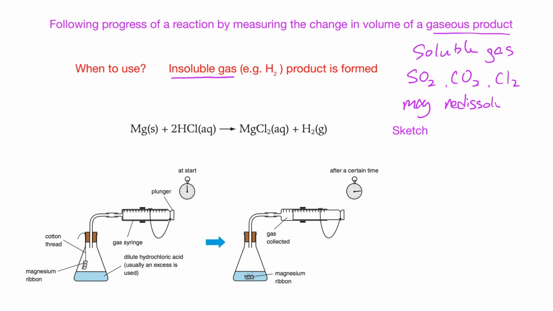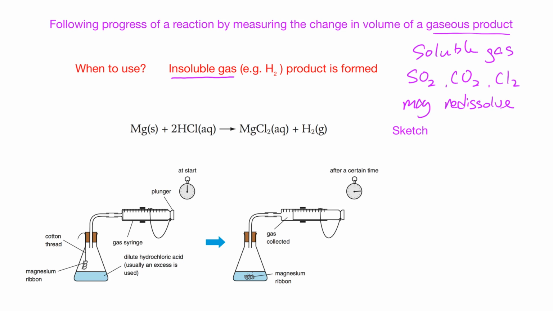If they redissolve into the solution, then even if gas is produced, it can't create a significant change in volume. So therefore, mainly we talk about insoluble gas like hydrogen in the process.